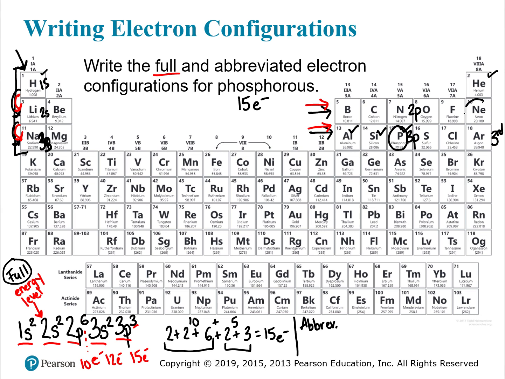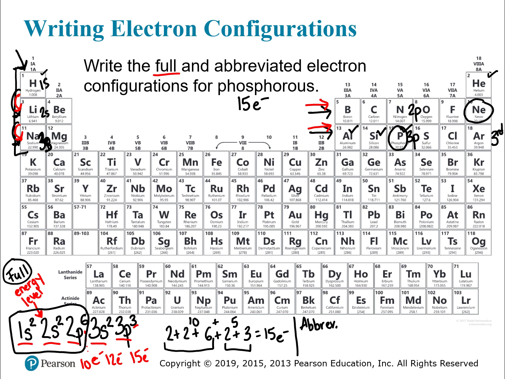So neon, we did the electron configuration for neon sort of kind of when we did the orbital diagram. And it had the 1s full, the 2s was full, and the 2p was full. Well, that's kind of what we have here. That is the configuration for neon.